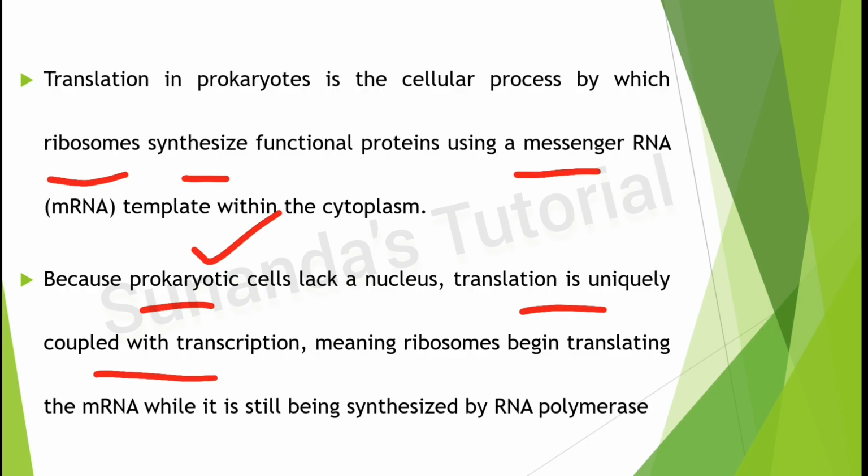But here the prokaryotic organisms lack a nucleus, so transcription is coupled with translation, meaning ribosomes begin translating mRNA while it is still being synthesized by RNA polymerase. So DNA synthesizes mRNA, and at the same time mRNA is also converted into proteins, the polypeptide chain. Both processes are taking place side by side.